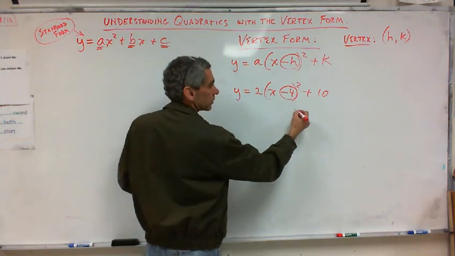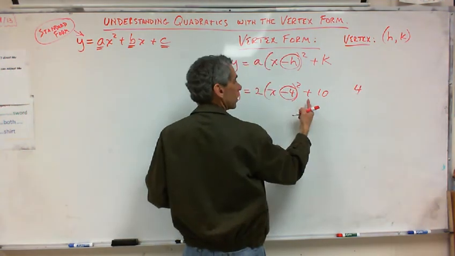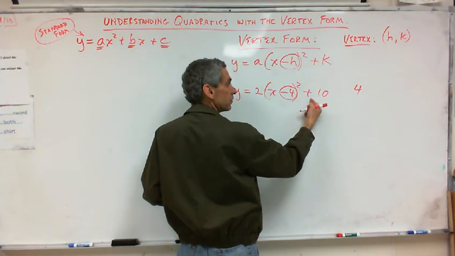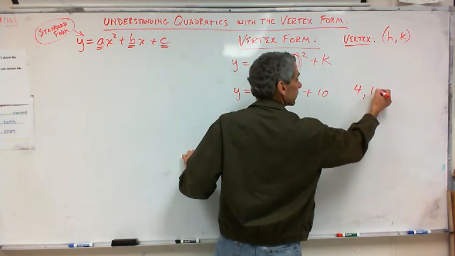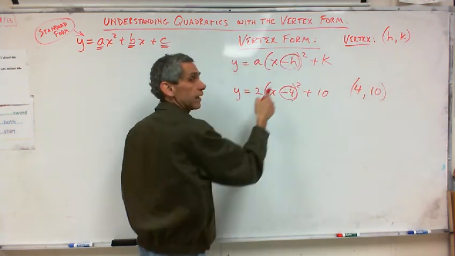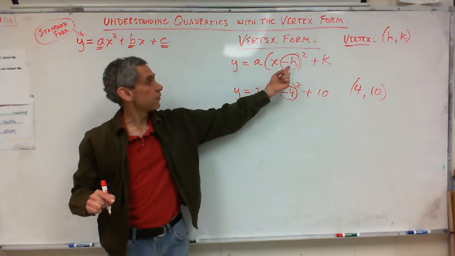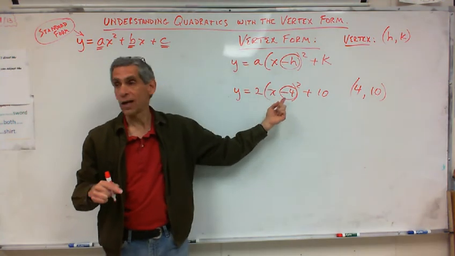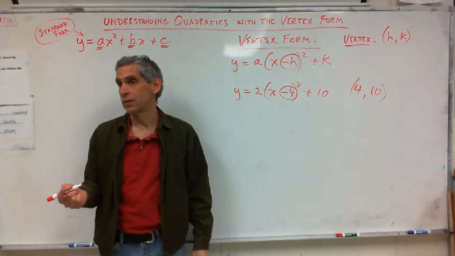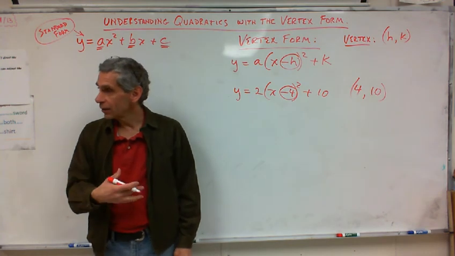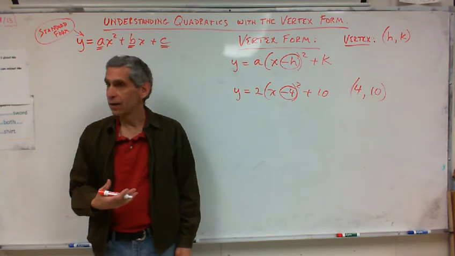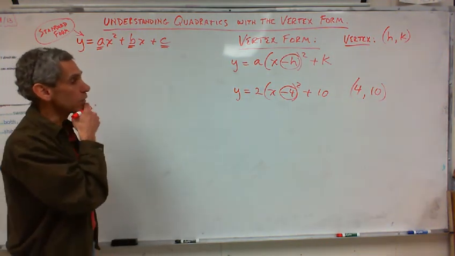So my vertex is positive 4 comma, since that's a positive 10, it's positive k in the formula, I can keep it as positive. Whatever the sign is for the k, I keep it. But for the sign for the h, whatever it is, I got to do the opposite because the formula has the negative in it. So if you see a negative 4, that's because the formula has the negative, not the number, not the x part of the vertex.